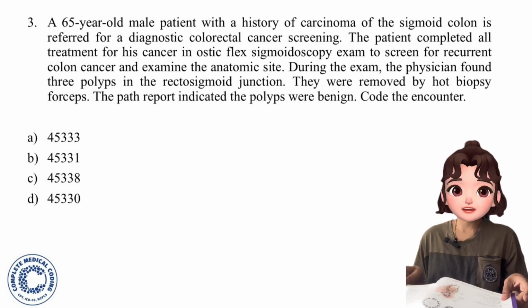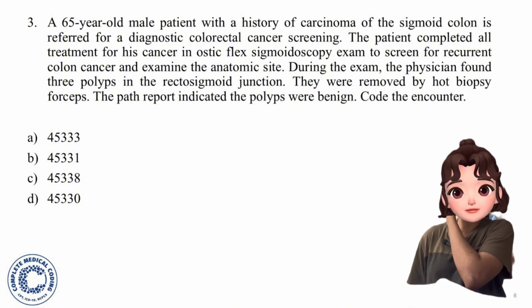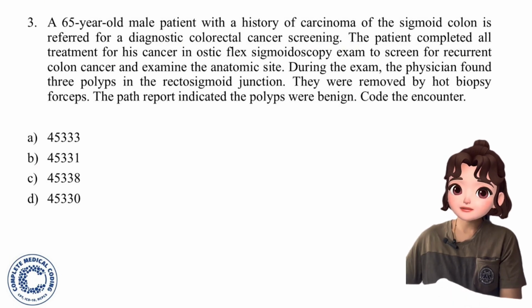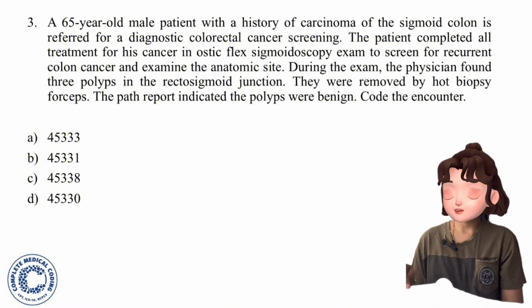So here you have to find out the code for diagnostic colorectal cancer screening. This is very, very easy to find out. Go to the first CPT code, option A, 45333. See, all are similar codes: 45333, 45331, 45338, 45330. So let's find out what it is. How is the procedure carried out here?